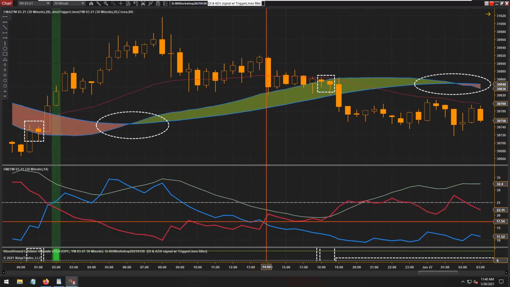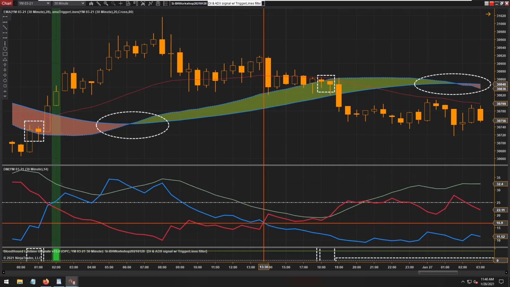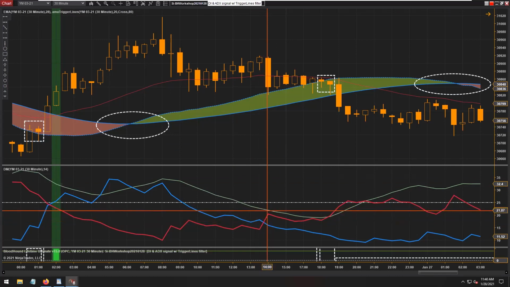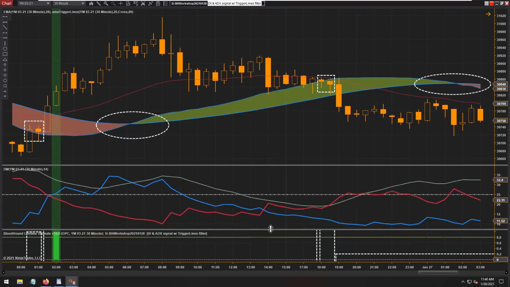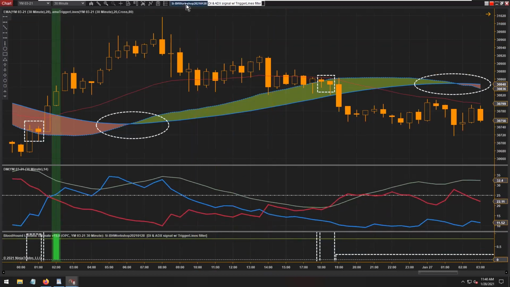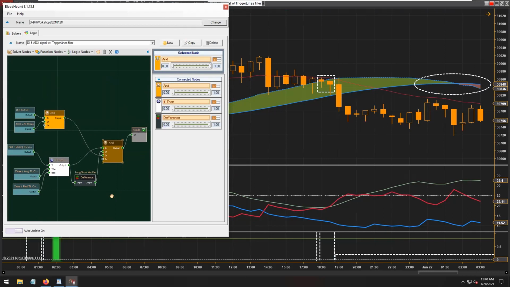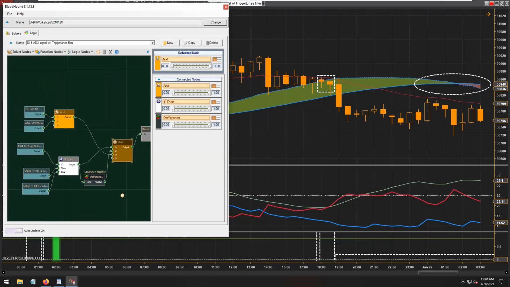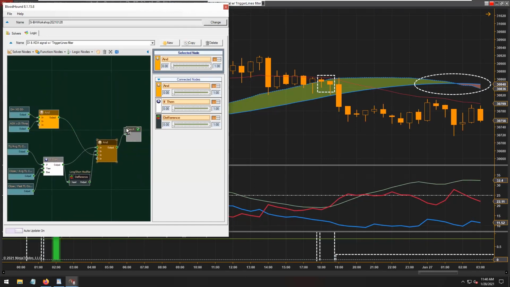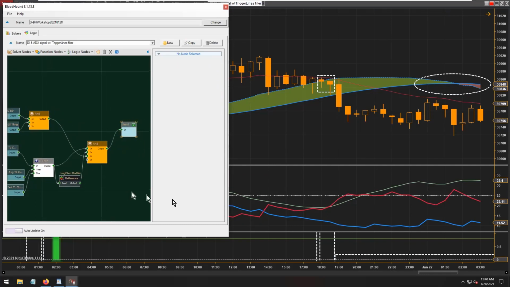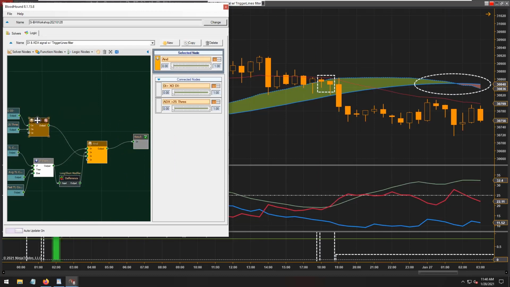Let's see, we have a DI cross, but the ADX didn't quite make it. So, you know what? Let's make a minor adjustment here, something that will help us test this out.